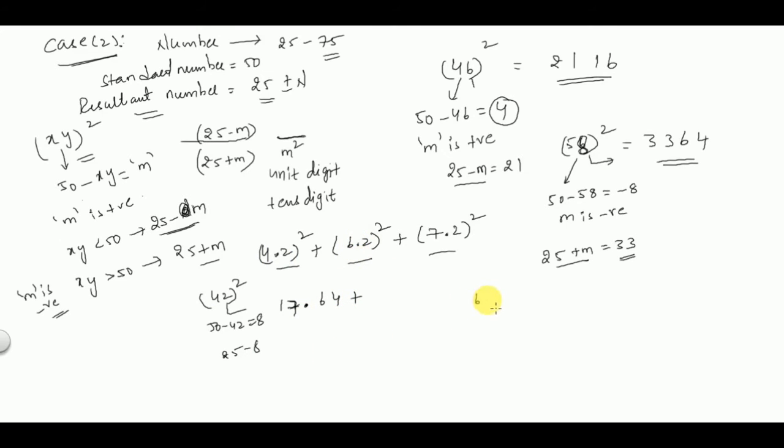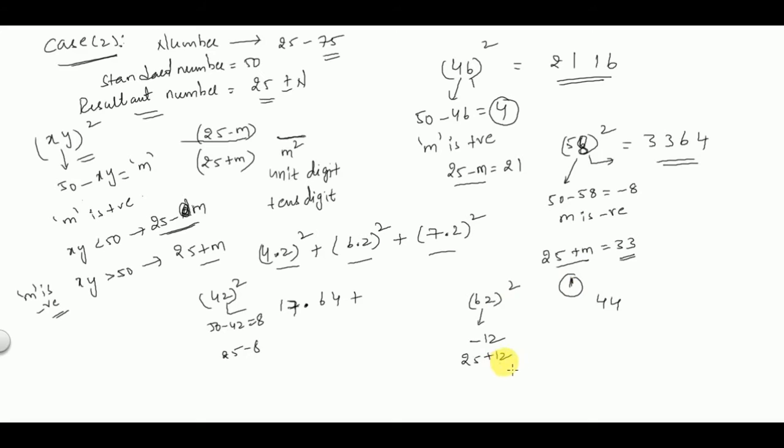So 6.2 whole square, first we need to get 62 whole square. If you subtract from 50 we'll get minus 12, so minus 12 whole square is 144, so we'll write only 44 and keep one aside. What is the resultant number? 25 plus 12 is 37, plus 1 is there because we need to add this.